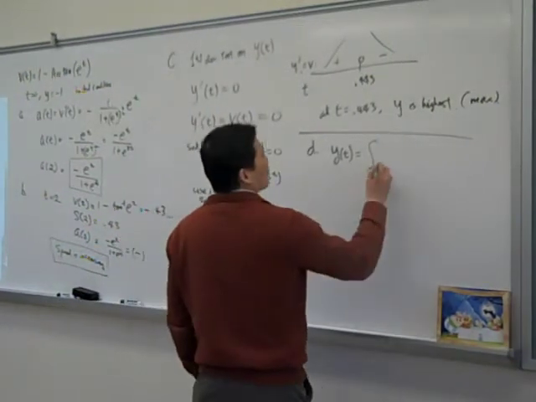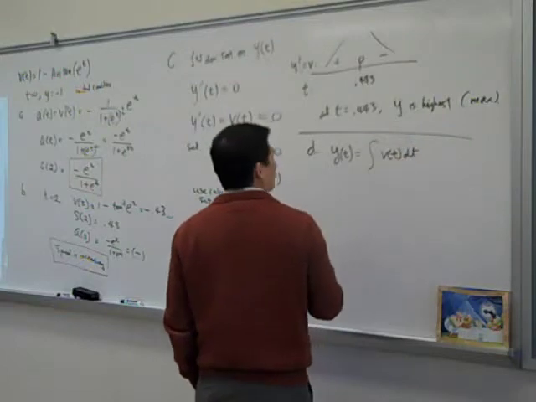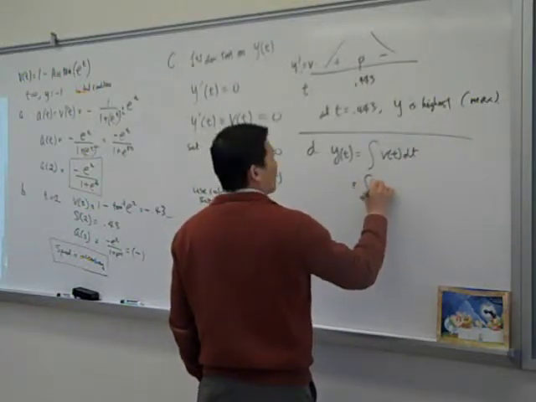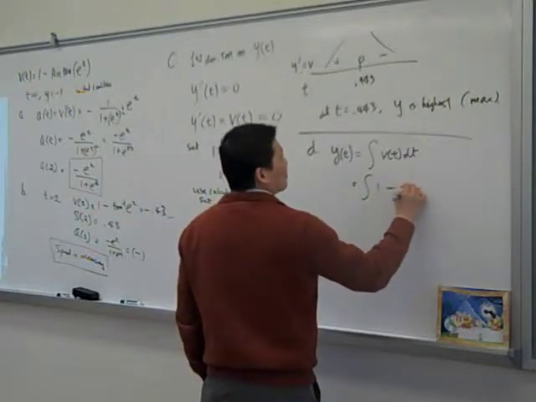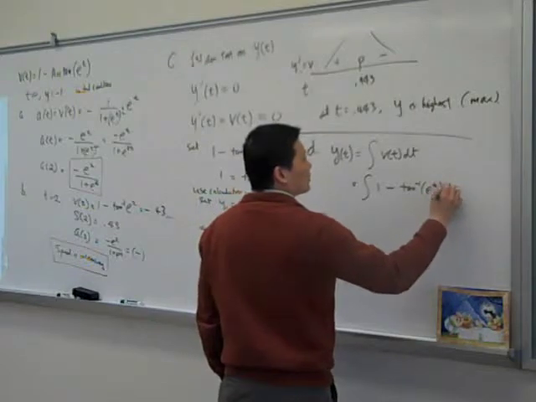of v of t dt. And so then we get the integral of 1 minus inverse tangent e to the t dt.